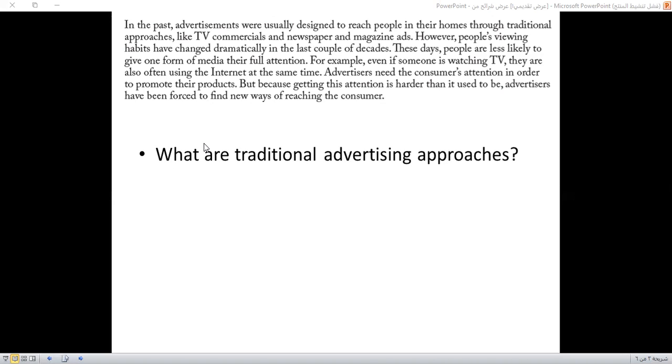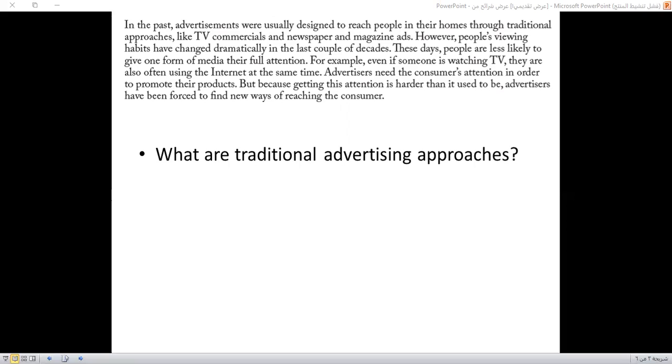For example, even if someone is watching TV, they are also often using the internet at the same time. Advertisers need the consumer's attention in order to promote their products. But because getting this attention is harder than it used to be, advertisers have been forced to find new ways of reaching the consumer.